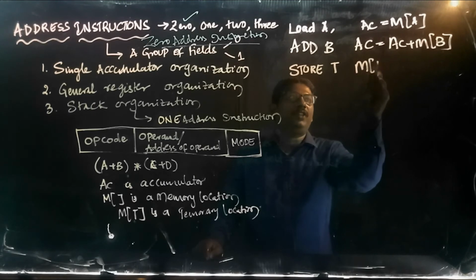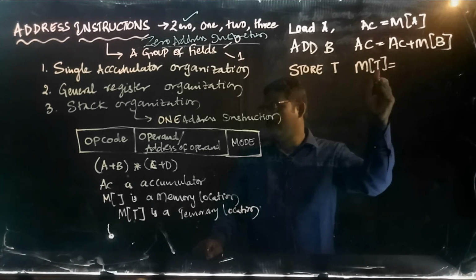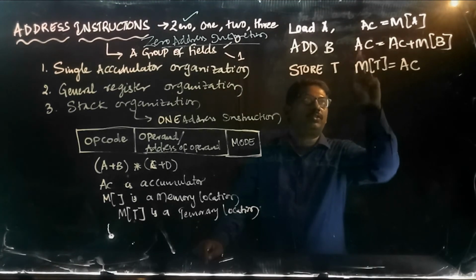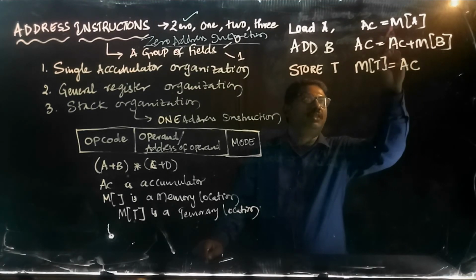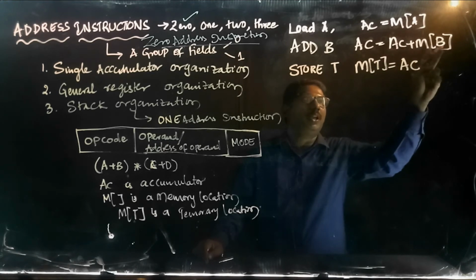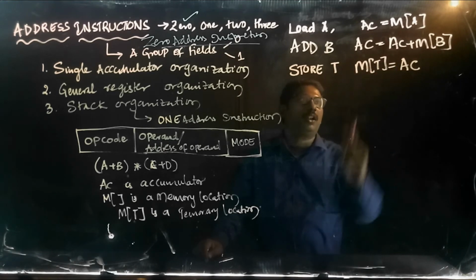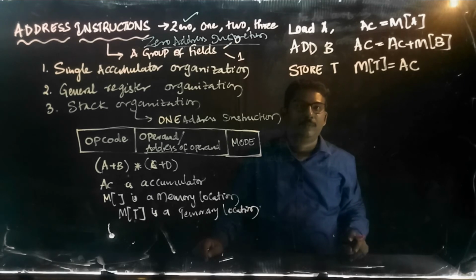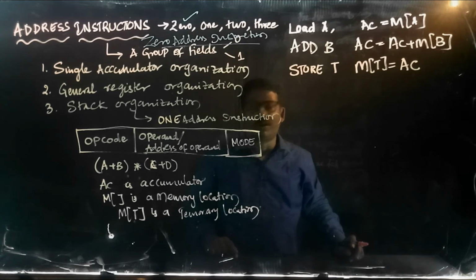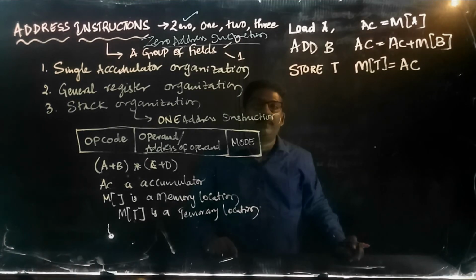That is M of T equal to AC. That means whatever stored here, AC plus B, first AC value is A and next AC value is M of A plus B, that will be stored in the temporary location M of T. So the same equation we are using memory location and accumulator, and we are doing the problem.